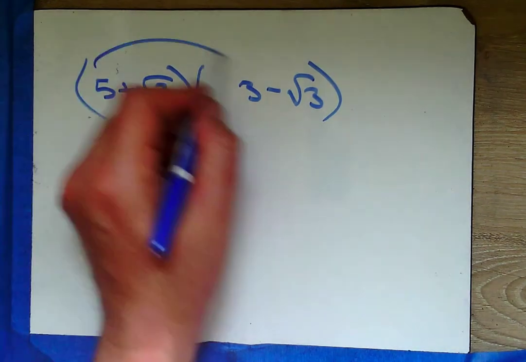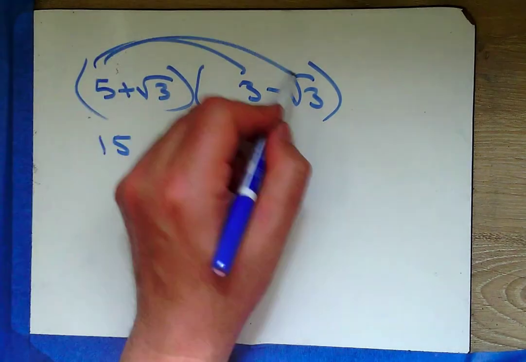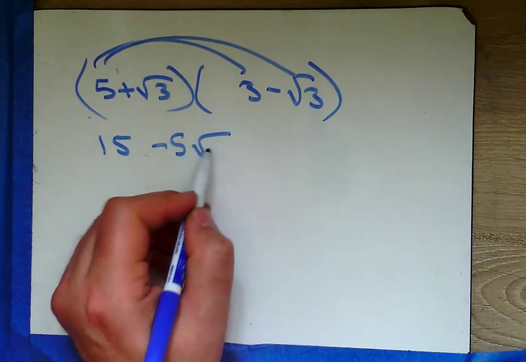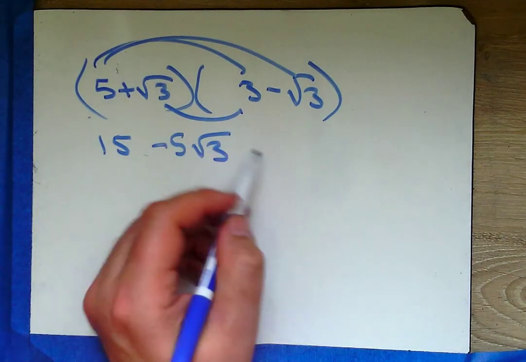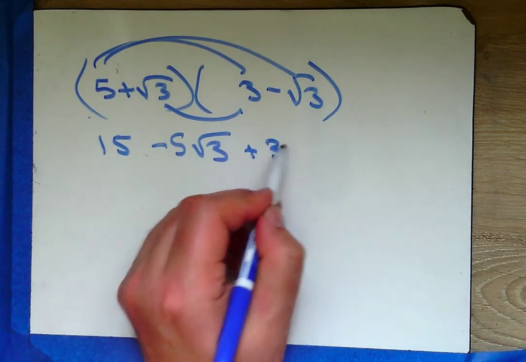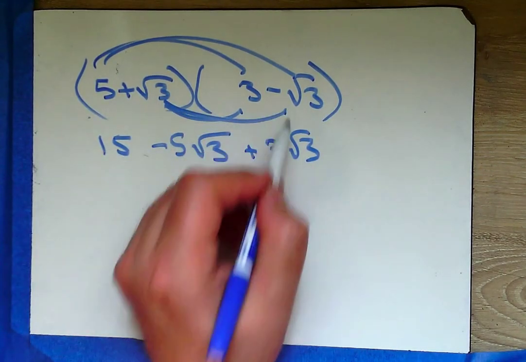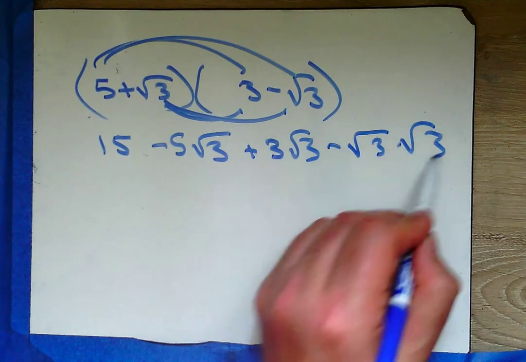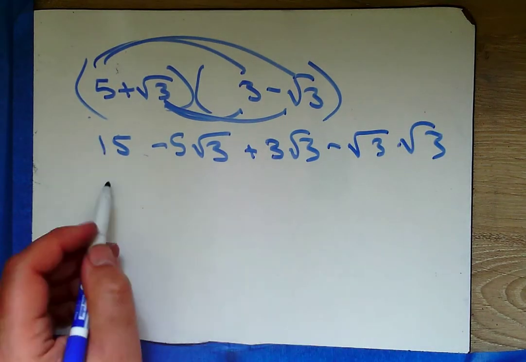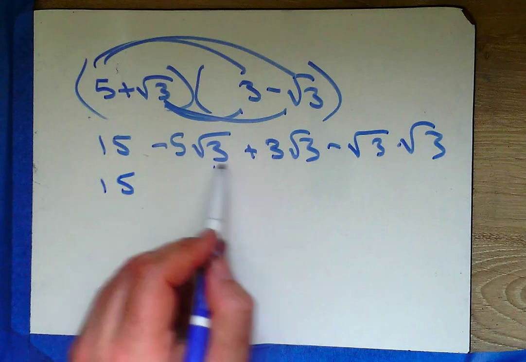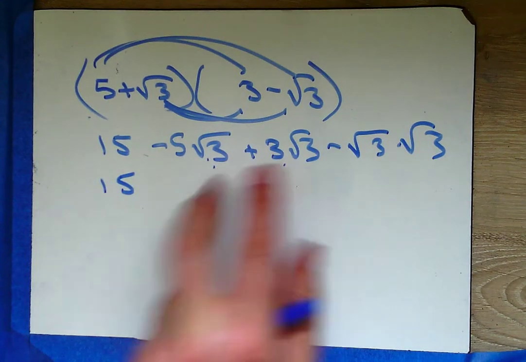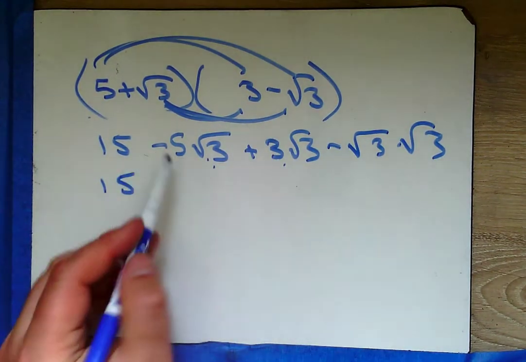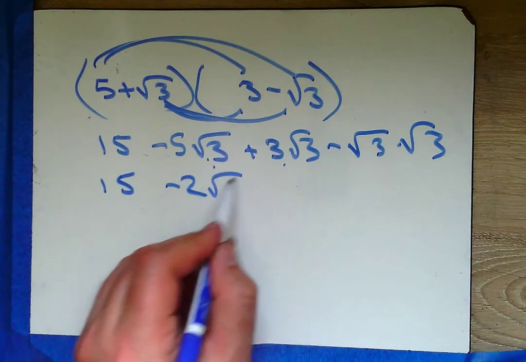Welcome back. First, outer, inner, last. Okay, so we've got 15. These are like terms because they have the same radical, so minus 5 plus 3 is going to be minus 2 root 3.